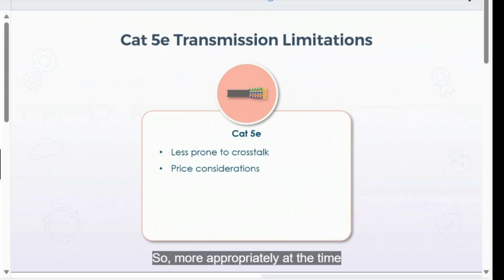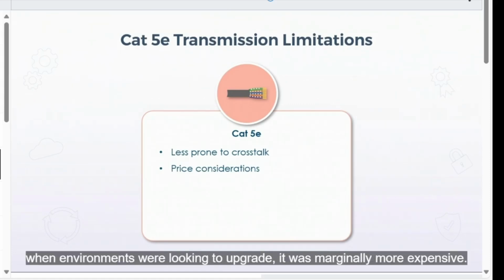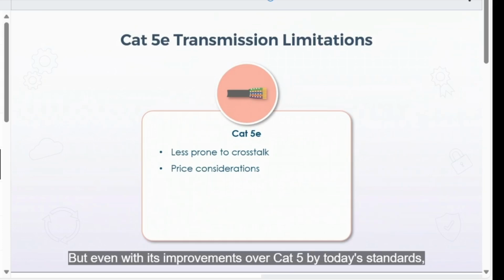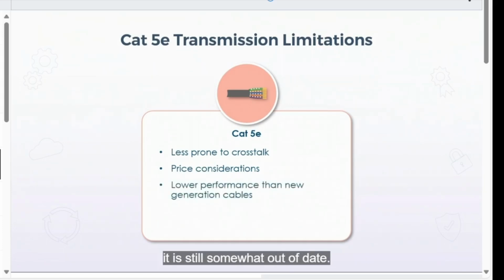So more appropriately, at the time when environments were looking to upgrade, it was marginally more expensive, but since it supported 10 times the speed, it was most certainly worth it. But even with its improvements over Cat 5, by today's standards, it is still somewhat out of date.